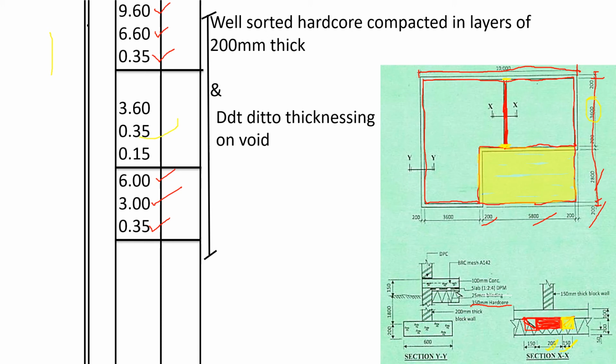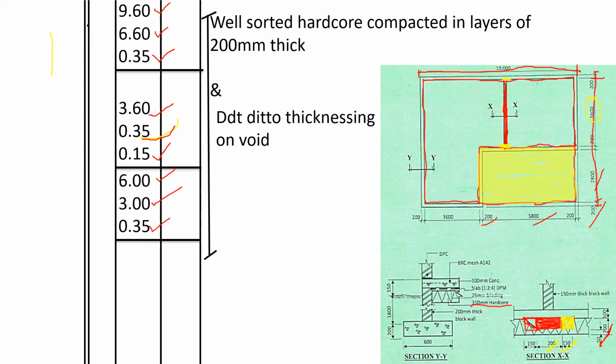Let me use a red pen which is a bit more visible. The yellow one, you can see 0.35 is the width of the trench, 3.6 is the length of that wall. Then the depth of the thicknessing is 0.15, which we have taken as 200 minus 50.